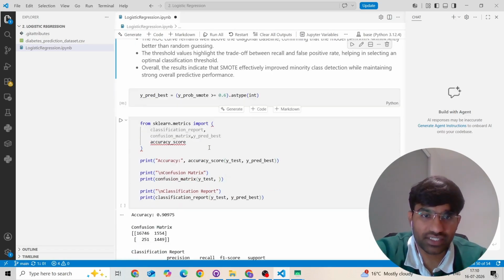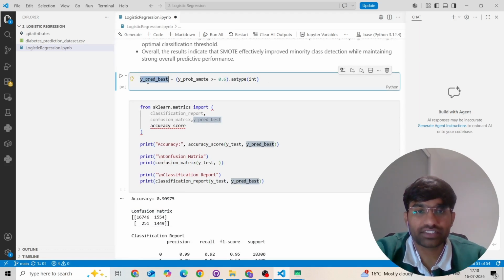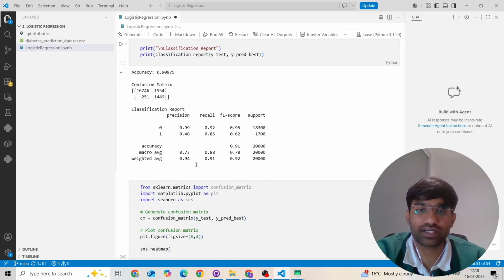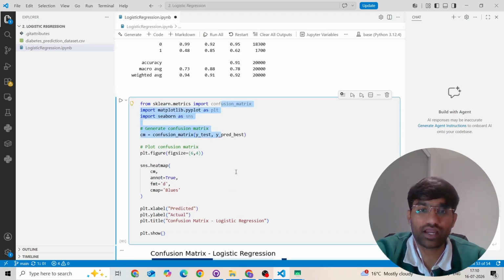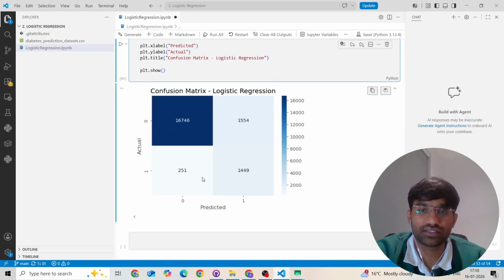See, I have changed it here. Now I will make the predictions on my new threshold 0.6. I have changed my threshold from 0.5 to 0.6 and plotted the confusion matrix. The accuracy is increased. You can identify the threshold from that. The false positive count has decreased here.